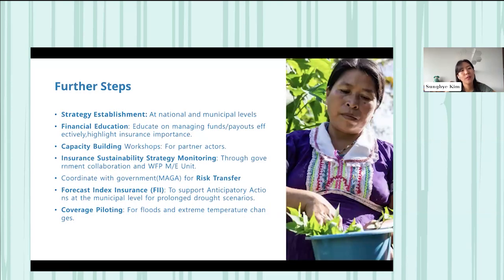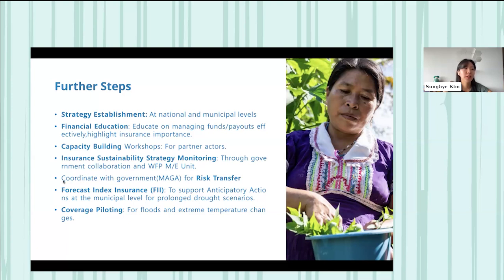So while we have achieved significant progress, we still face several challenges and areas for improvement that we must address to ensure the sustainability and scalability of our initiatives. First, we need to establish effective strategies at both the national and municipal levels. This involves aligning our efforts with broader governmental plans and ensuring that our interventions are coordinated and supported across all levels of administration.